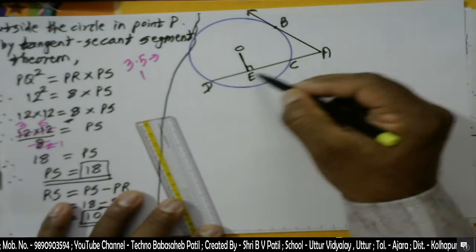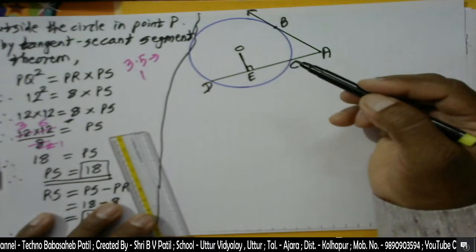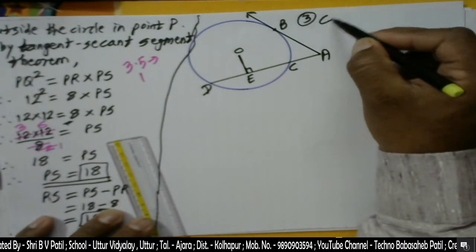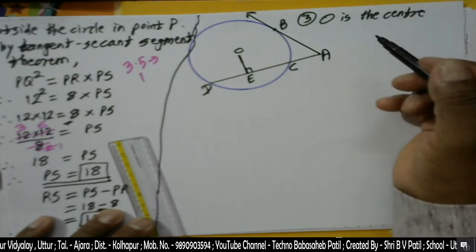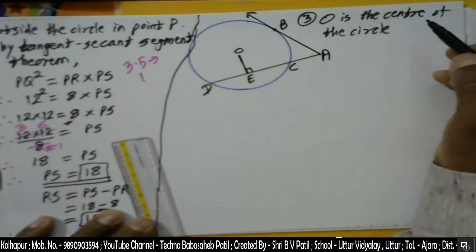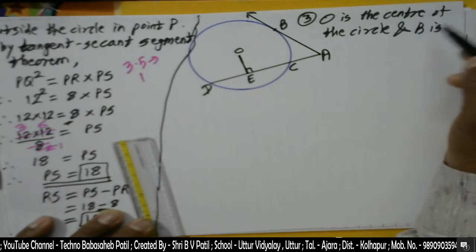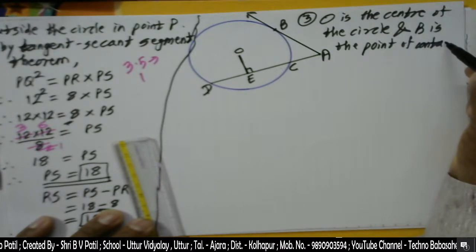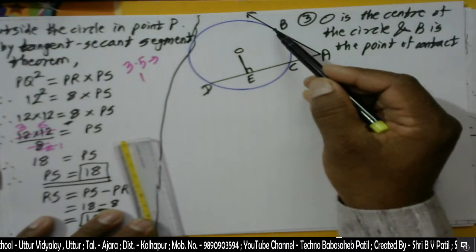AB is the tangent and DC is the secant intersecting outside the circle at point A. O is the center of the circle and B is the point of contact, meaning the touching point.